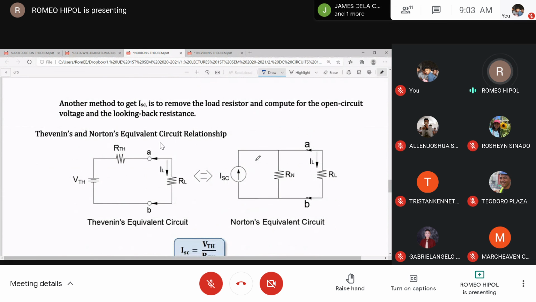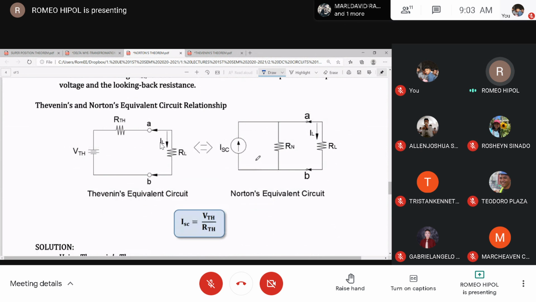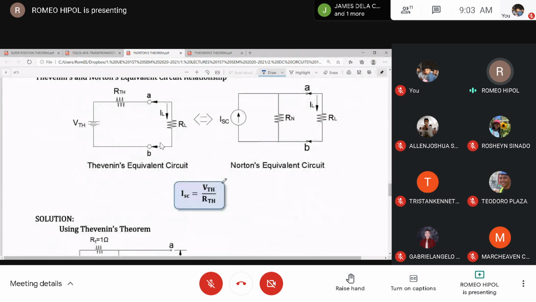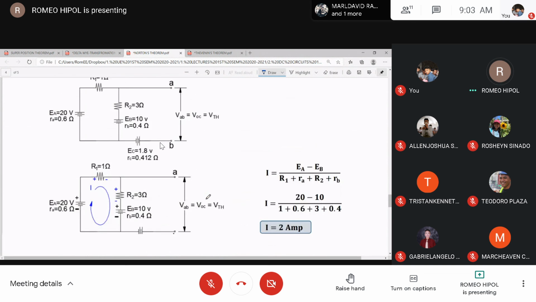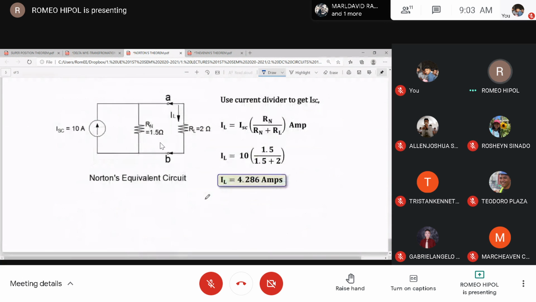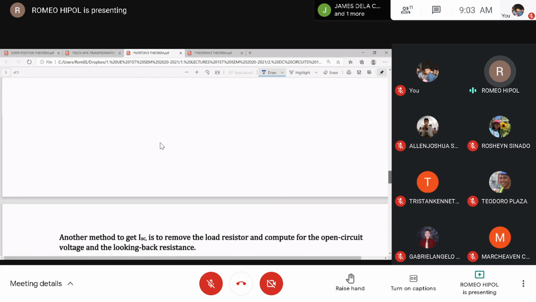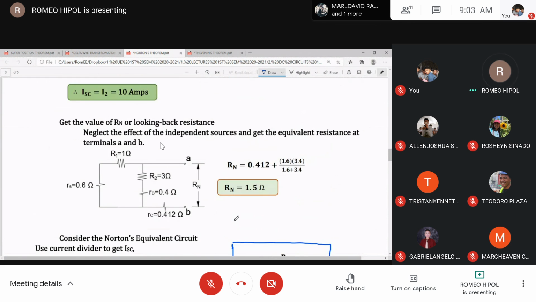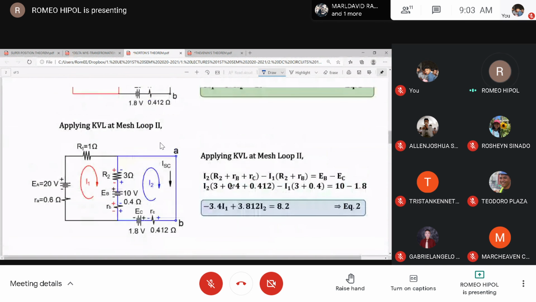Wait lang. Another method. Actually, ito medyo hindi ko advisable to. Hindi advisable na gamitin ito sa solution. Pero ito kasi yung another way. Pero siguro hindi ko na muna. Hindi na natin dadaan. Kasi kailangan kong makuha is ito.